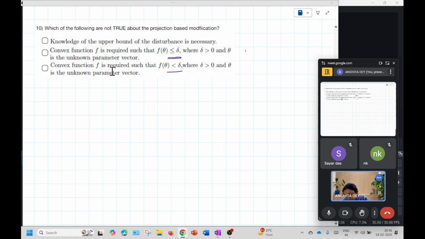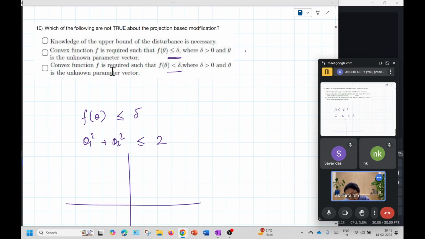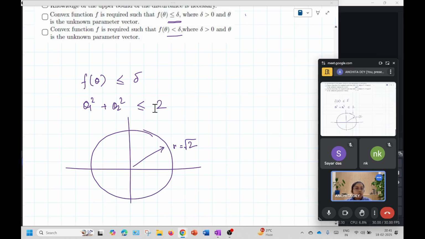Given that a function f of theta is less than equal to delta, say theta 1 square plus theta 2 square is less than equal to 2, only then can you draw a circle with radius equal to, sorry, root 2. This is possible to be drawn only if the less than equal to is given.